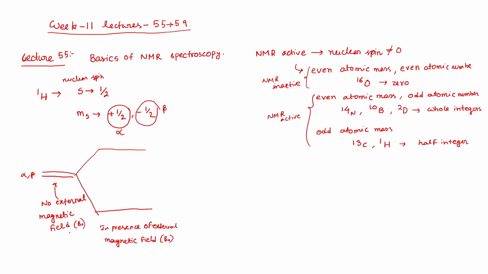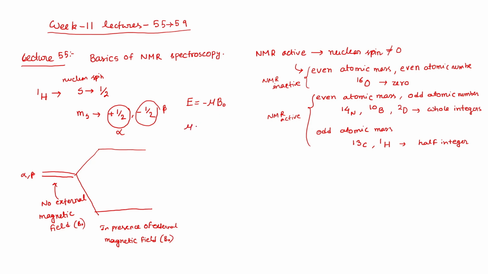Now for this purpose, let me first write the interaction energy. E is actually minus mu into B0. Mu is the dipole moment and B0 is the external magnetic field.